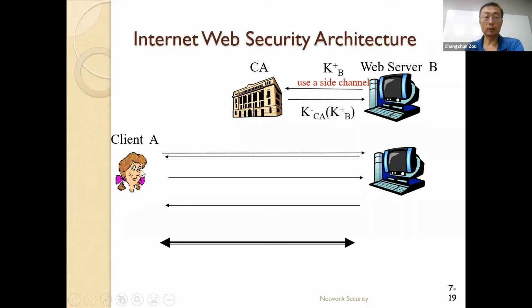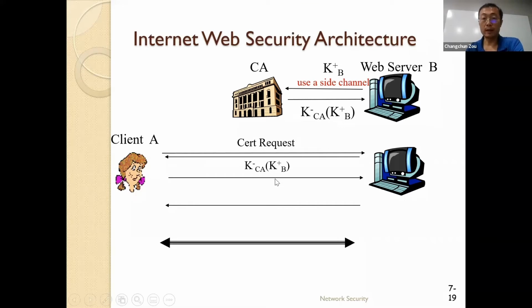Now when a web browser, the client, like user A, is connecting to the web server, of course user A does not connect manually; it uses a browser to connect. Once the browser sets up a TCP connection, which for the web is an HTTPS connection, HTTPS being a secure web connection, the browser will send a certificate request to the web server.